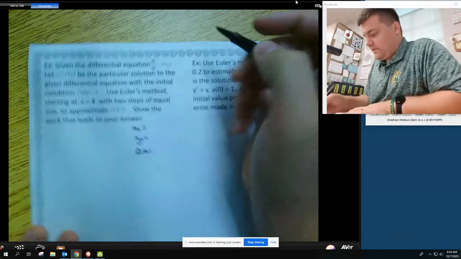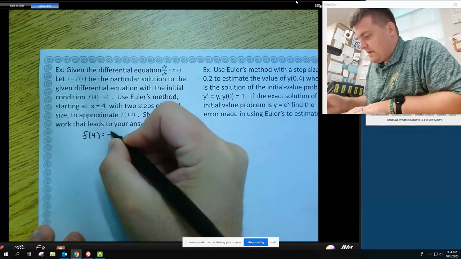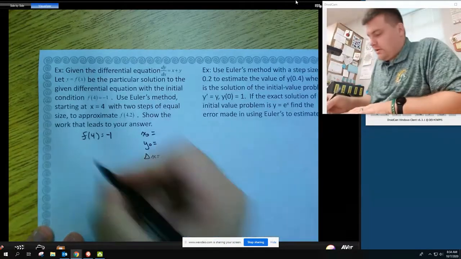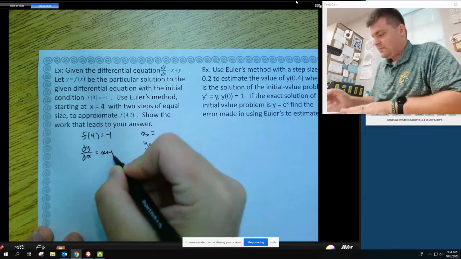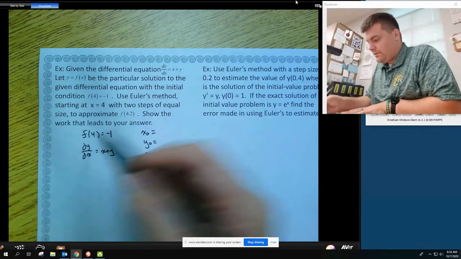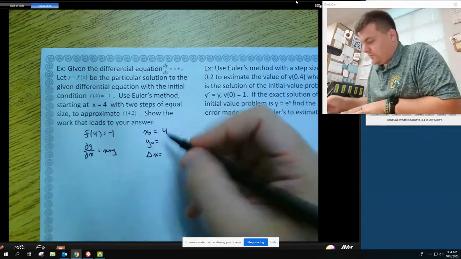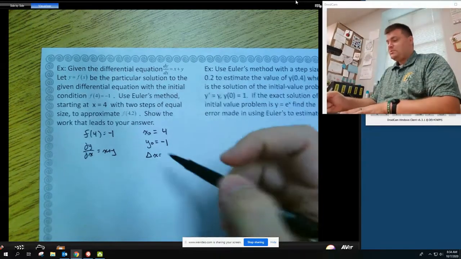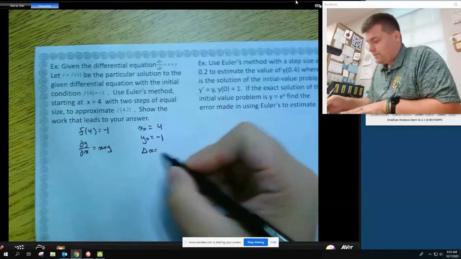We were given f of 4 equals -1, and it tells us that my slope, dy/dx, is x plus y. I'm putting everything important right in front of us. My initial x is 4 and my initial y is -1. If I'm doing 2 steps to get to 4.2, each step has to be worth 0.1.